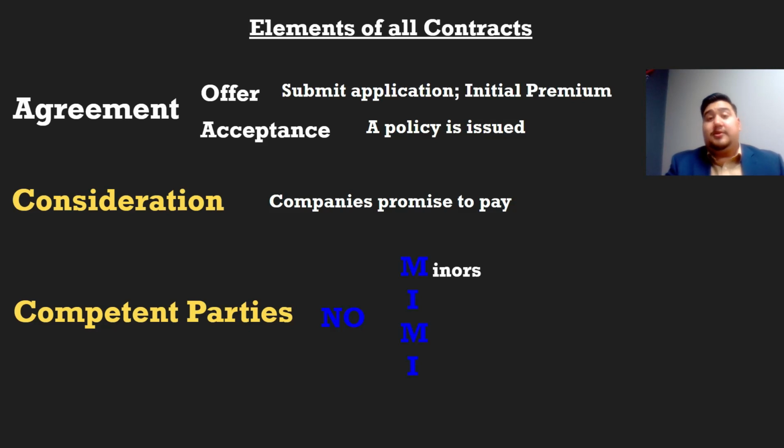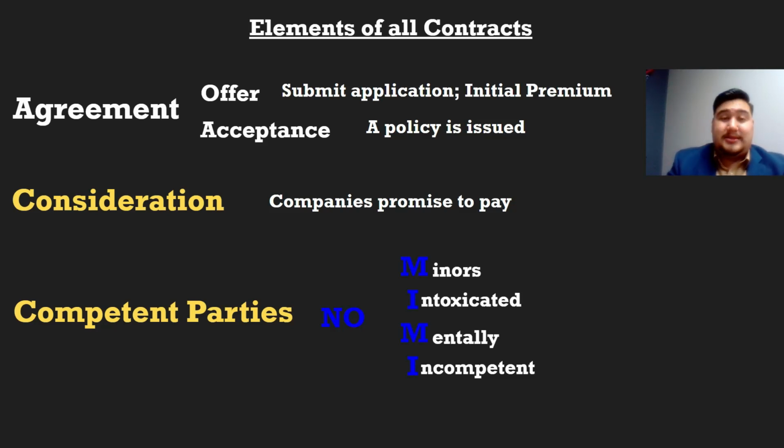They may not fully understand exactly what they're signing. Second one, intoxicated. People that are under the influence of anything, drugs or alcohol. If they signed a document, if they can prove they were intoxicated, guess what? That contract doesn't hold up in court. It's void. And the last one, people that are mentally impaired. Maybe they're not all there, unfortunately, mentally. Well, those types of people are not able to sign contracts either. So as long as they are not part of these three types of people, minors, intoxicated, or mentally impaired, they're able to sign a contract.